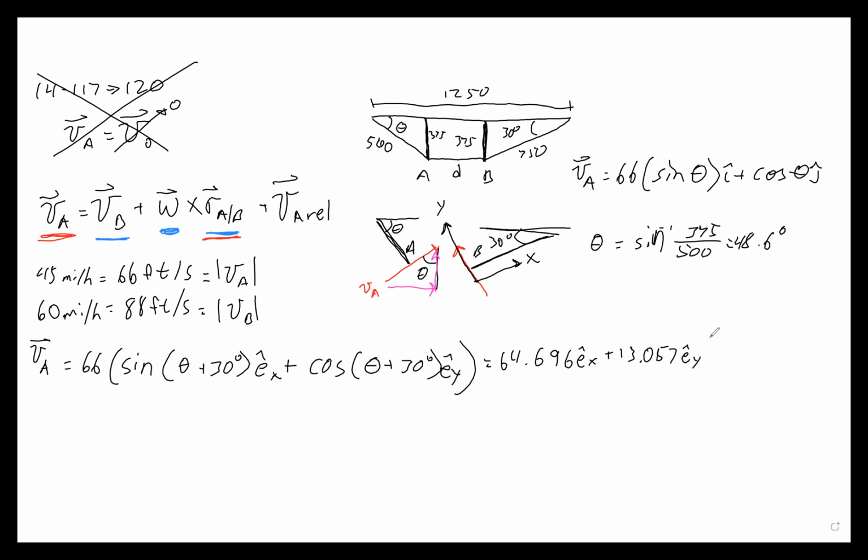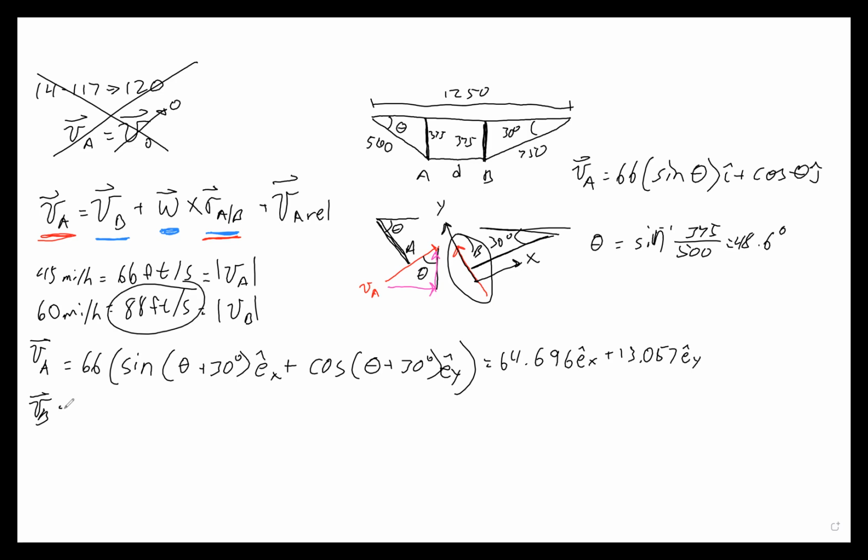So now, velocity B. Well, velocity B will be a bit easier. Velocity B is moving in the lowercase y direction. This arrow is velocity B, and we have oriented the rotating axis on B. And so B will be traveling up the y at the 88 feet per second.